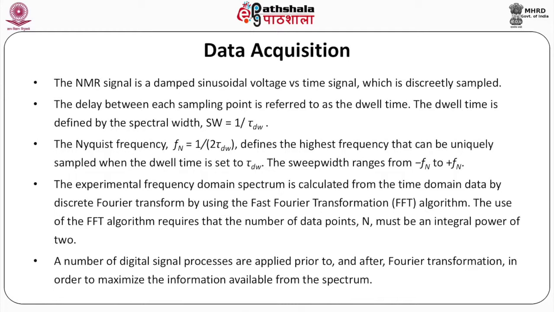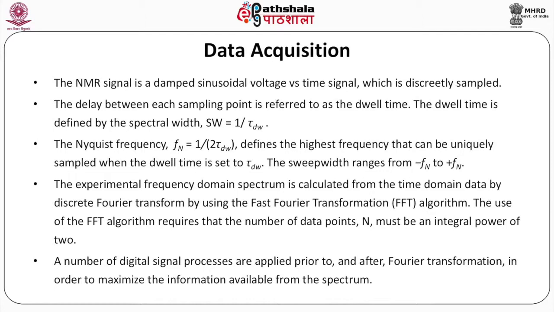The Nyquist frequency Fn = 1 / 2 tau dw. This defines the highest frequency that can be uniquely sampled when the dwell time is set to tau dw. The sweep width ranges from minus Fn to plus Fn.